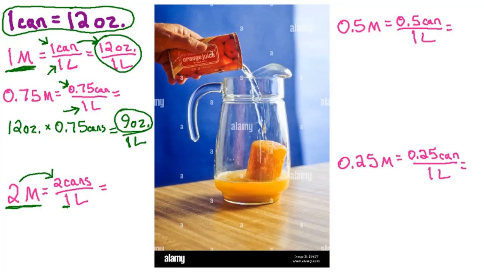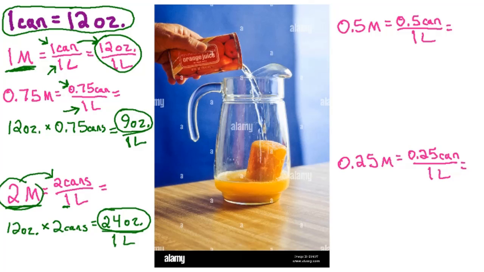And so if 1 can is 12 ounces, we can take that times the 2 cans that we used, and that's going to give us 24 ounces of frozen orange juice concentrate in 1 liter of water. So 24 ounces is how much frozen orange juice concentrate we put in 1 liter of water, because we have a molarity of 2.